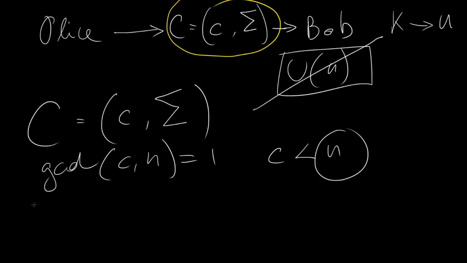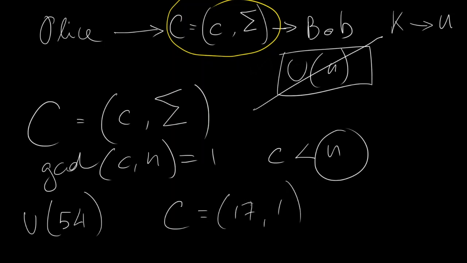To make an example, in the numerical example I gave in the explanation, if you remember, we were working with the group U54 and we were sending c, which was equal to 17. Remember our element was 19, so we multiplied all the elements modulo 54 up to 19, and we had 17. Now this was public.